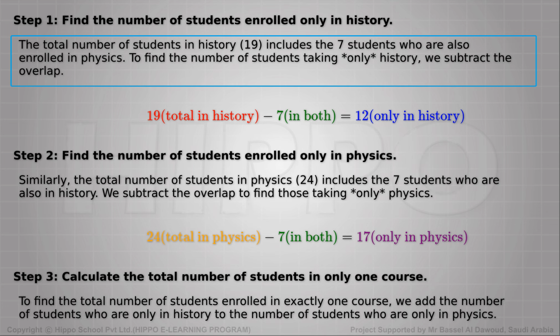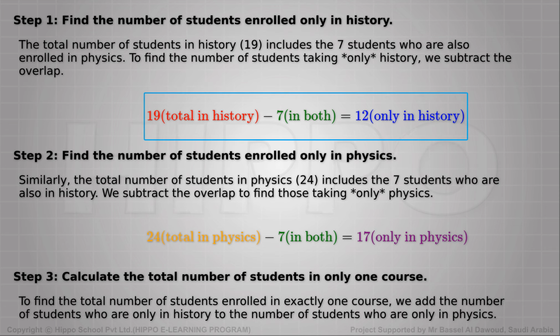So, to find the number of students taking only history, we need to take the total number of history students and subtract the ones who are in both. As the equation shows, that's 19 minus 7, which gives us 12. So there are 12 students who are exclusively enrolled in the history class.